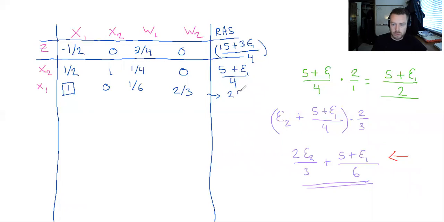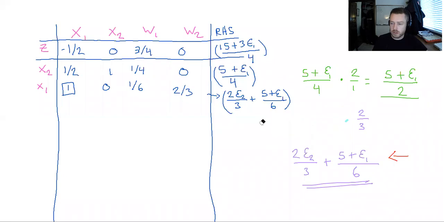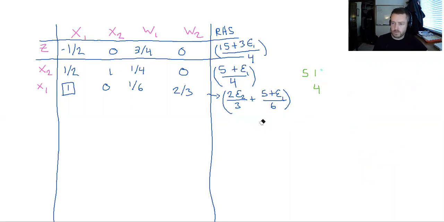So 2 epsilon 2 over 3 plus 5 plus epsilon 1 divided by 6. Okay, so it's going to be that guy here, this guy here, and I'm going to erase all this other stuff here because we don't really need it anymore. Give us some more room.